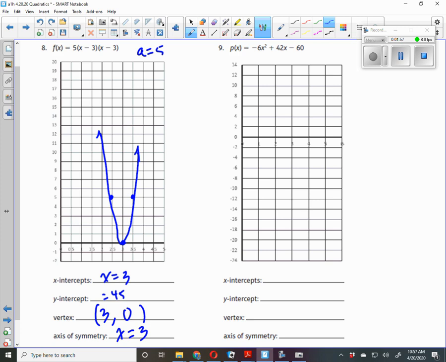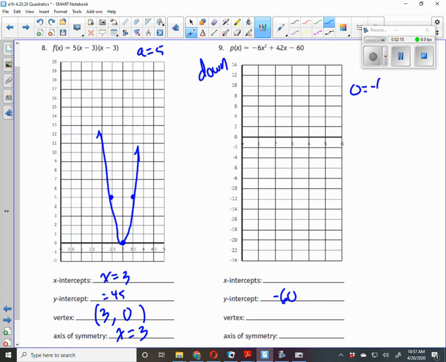All right, number 9 gets a little more complicated. This one's just going to face down. If you can, I would factor out a -6. By the way, y-intercept, that's quick and easy, is at -60.